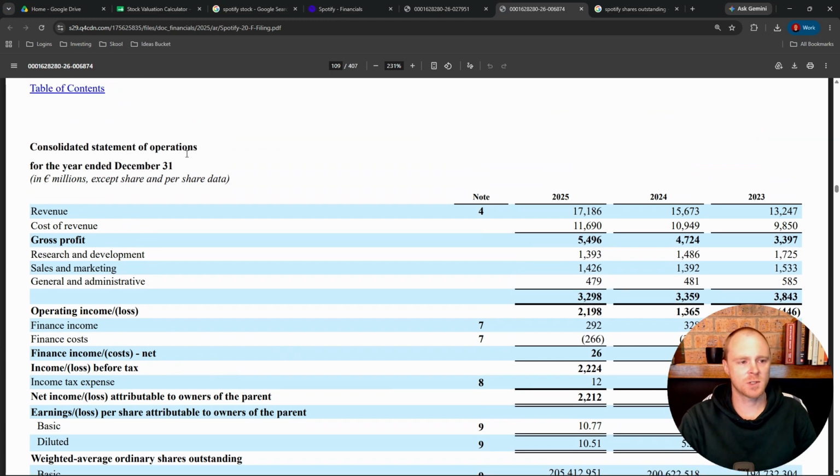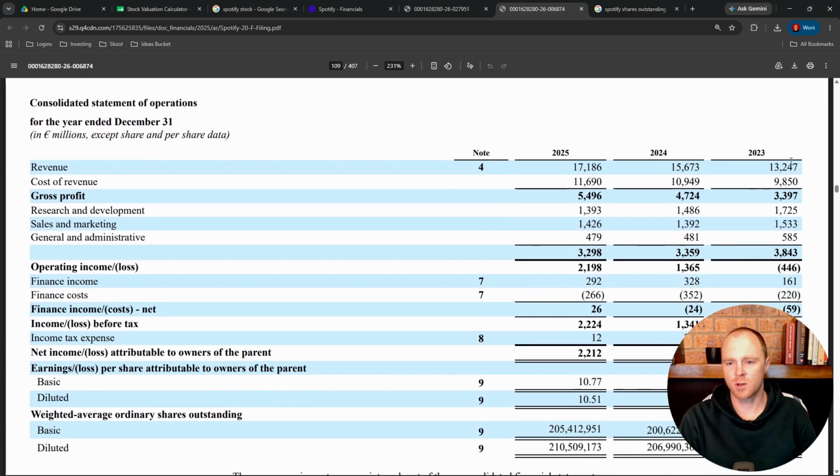So in our income statement of operations, what are we talking in millions? So 13 billion euro, 15 billion euro, and 17 billion euro. Cost of revenue is pretty small, and it hasn't increased at the rate that the revenue has, which is good.